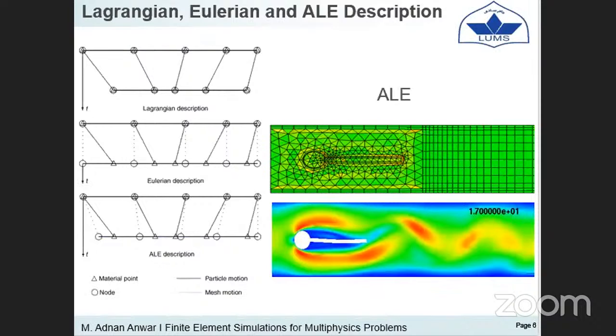Lagrangian, Eulerian, and arbitrary Lagrangian Eulerian descriptions. These are the kinematic descriptions which are related to the motion of particles. Here, the triangle sign represents the material point and the circle represents the mesh nodes.